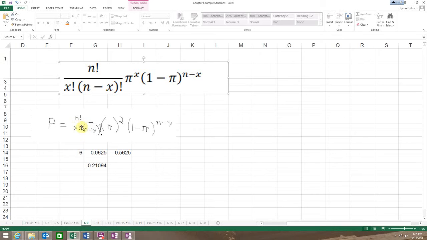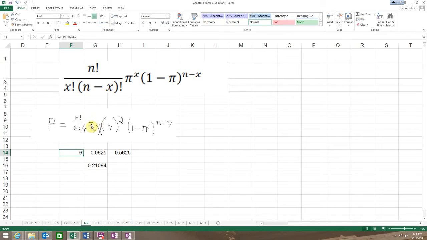So this part of the equation I've done, and it was 6, right? And actually I'll show you another way to do that, because that is a combination. Here I just broke down the equation. So here's my 0.25, and in this case it's squared, because x is 2, right?